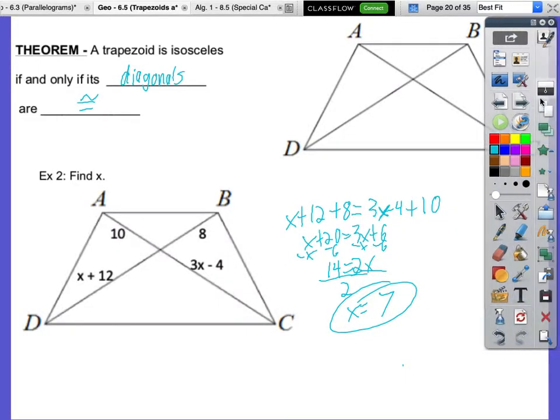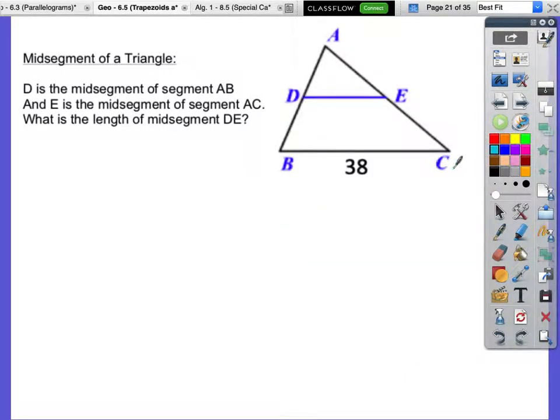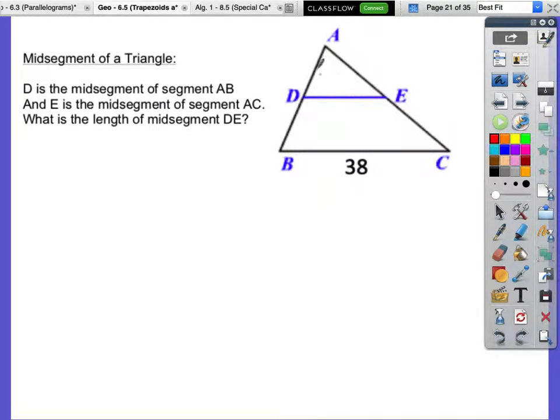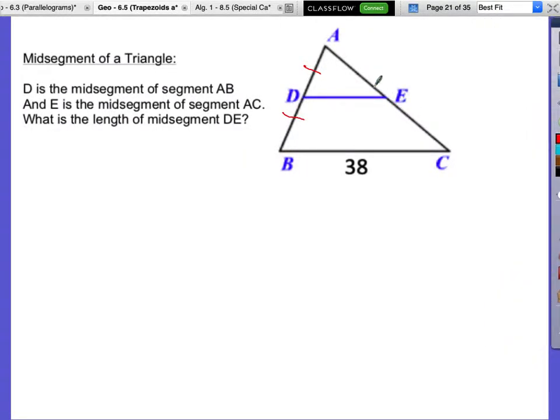Okay, so next part, mid-segment of a triangle. Do you guys remember doing this a little bit? If D is a mid-segment of AB, and E is a mid-segment of AC, what is the length of mid-segment DE? Do you guys remember how we found that?